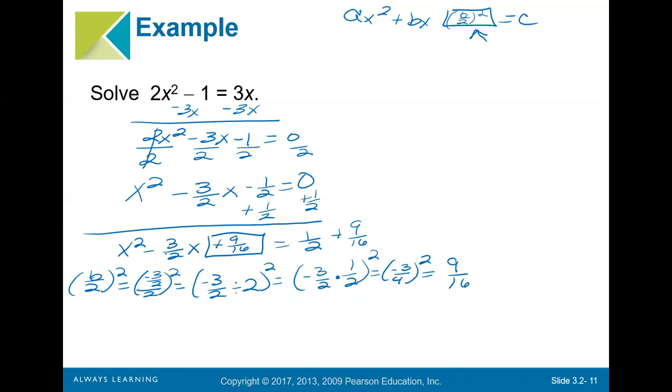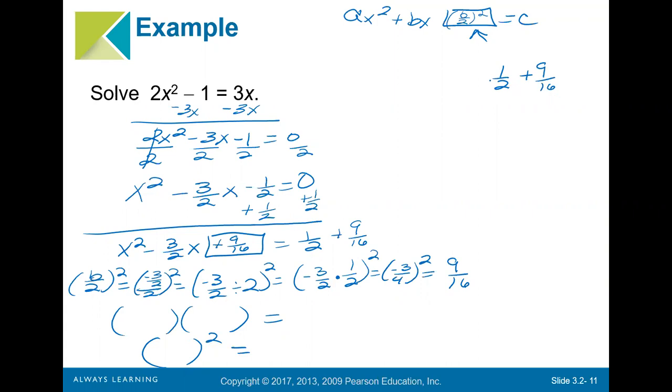Now that I've done that, I want to clean up this equal to side before I write this as this. And then I want to write it as this. That's our next step, right? So let's talk about it. Over here, I'm going to write it just to do my math on the side, 1/2 plus 9/16.